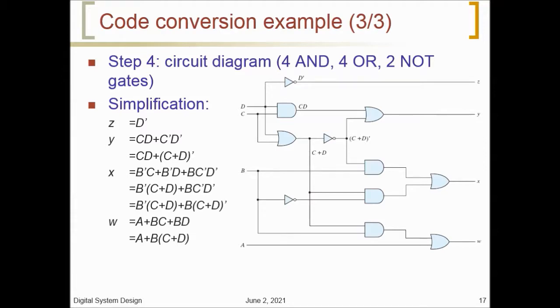Note that the OR gate, whose output is C plus D, has been used to implement partially each of three outputs. Not counting input inverters, the implementation in sum of product form requires 7 AND gates and 3 OR gates. The second implementation requires 4 AND gates, 4 OR gates, and 1 inverter.